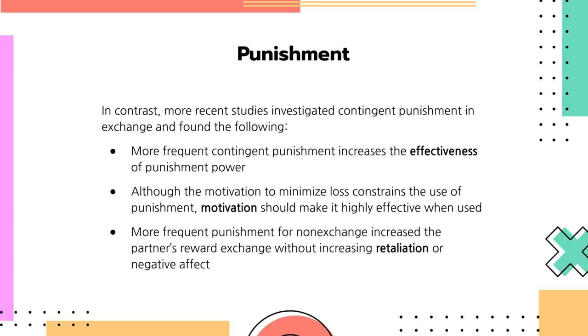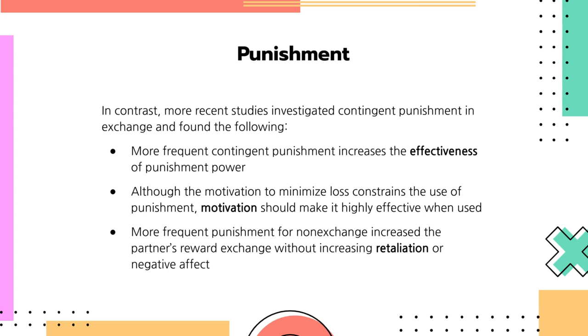So if there's more frequent instances of punishment, but it's contingent specifically on, let's say, certain desired behaviors, and you're frequently punishing or sanctioning undesirable behavior, they found that it tends to increase the effectiveness of that punishment power because it's more frequent. Although the motivation to minimize loss constrains the use of punishment.